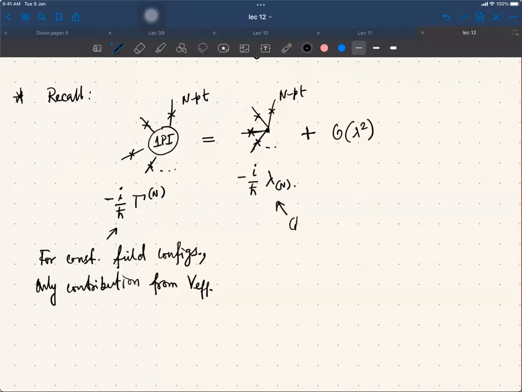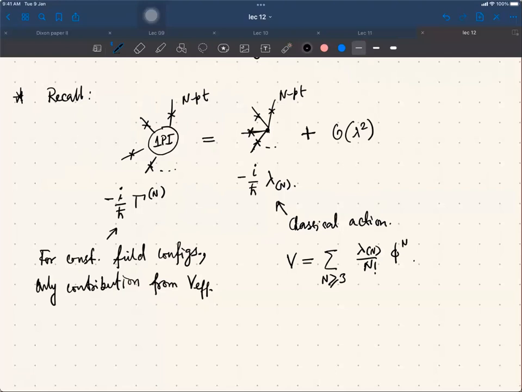It is the classical action with constant field configuration. It is just the potential, which is the sum over n greater than or equal to 3 of lambda n over factorial n phi to the power n.